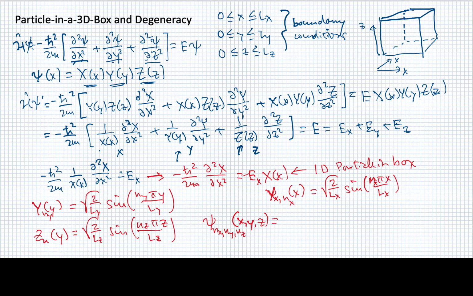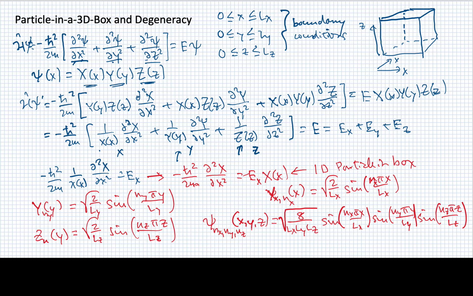And it's going to have a compound normalization constant, so it'll be the square root of 8 over Lx Ly Lz, and then I'll have three sine terms: sine of nx pi x over L sub x, sine of ny pi y over L sub y, and sine of nz pi z over L sub z. Okay, I'm going to go on to the next page to talk about the energies of this particular solution, but we'll see that those will turn out to be fairly easy to generate as well.